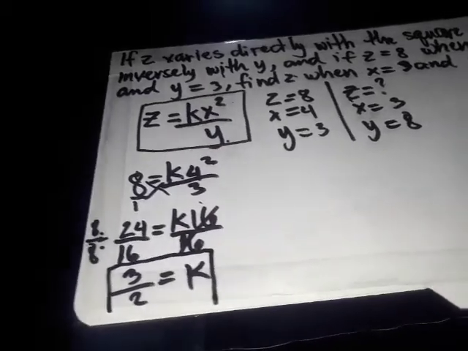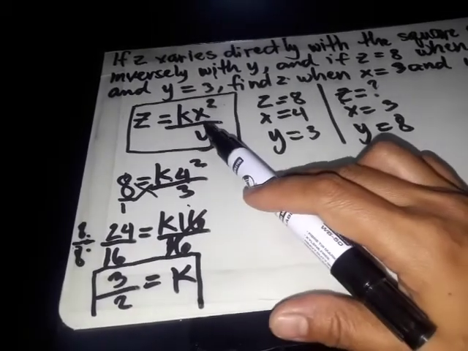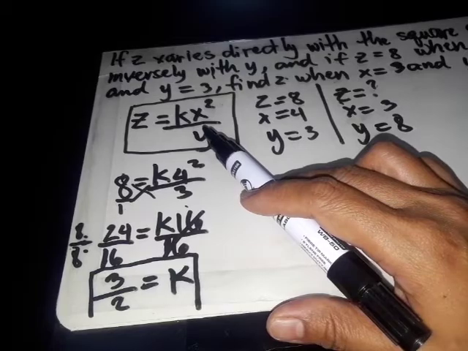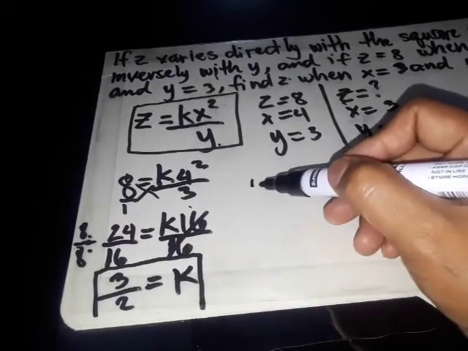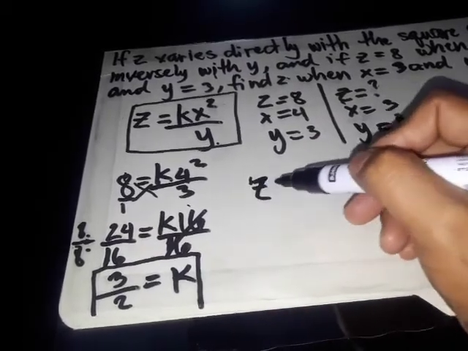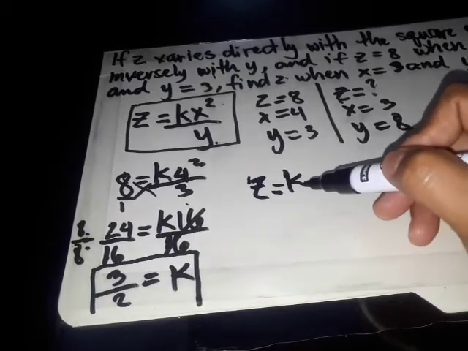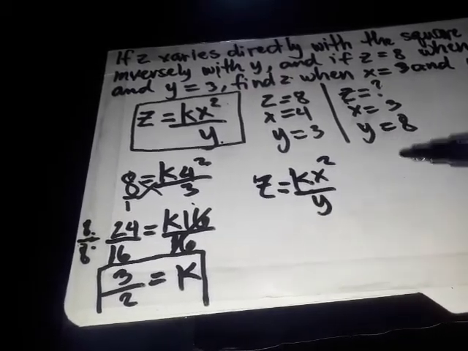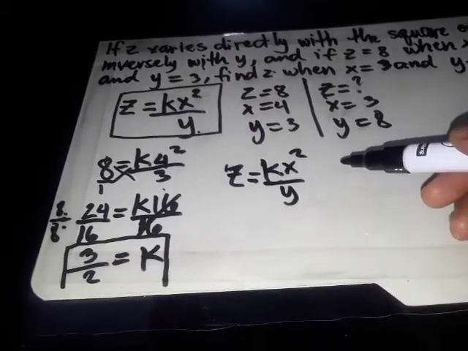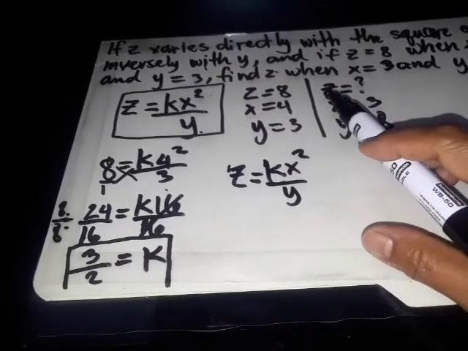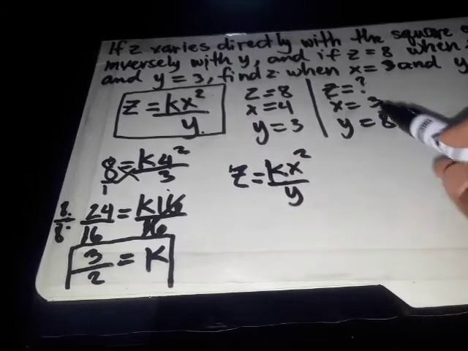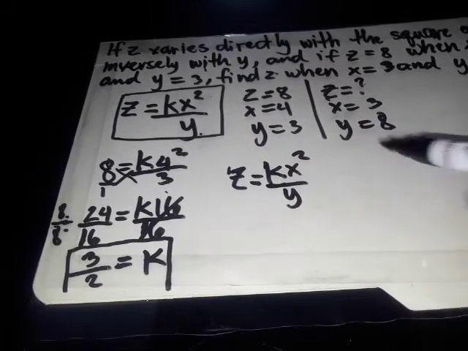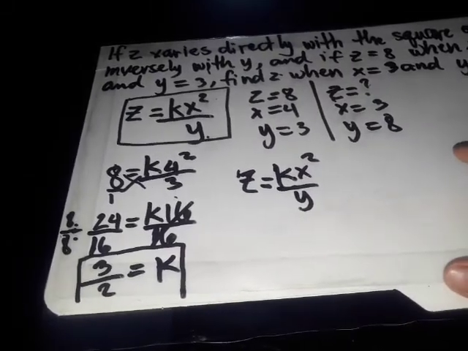Kung nakuha mo na si k, again, babalik tayo sa ating equation. So, kopyahin si equation. K x squared all over y. Ngayon, ang gagamitin na natin para makuha si z ay ang pangalawang group of given numbers.